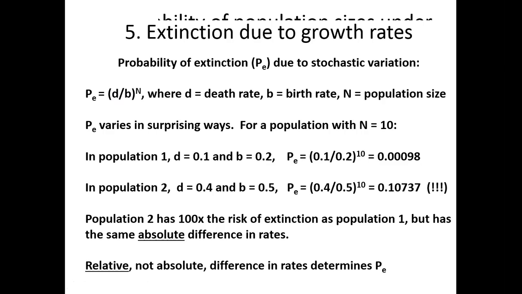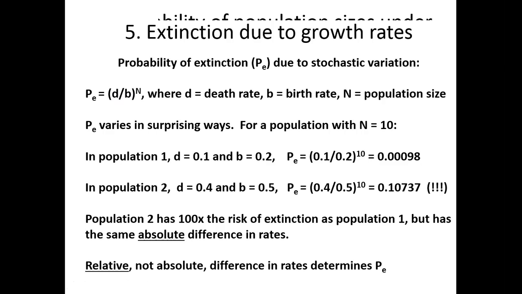So if your birth rate is 0.4 and your death rate is 0.3, well, that's 0.3 divided by 0.4. That's 0.75 raised to the power of how many individuals are in your population. You got 10 individuals in the population, it's 0.75 to the 10th power.